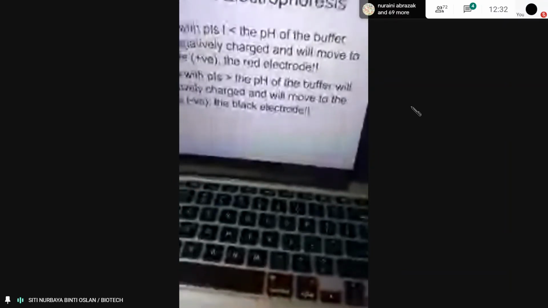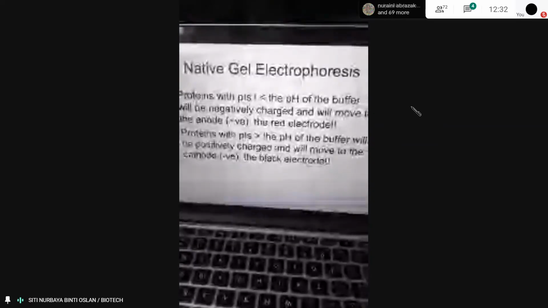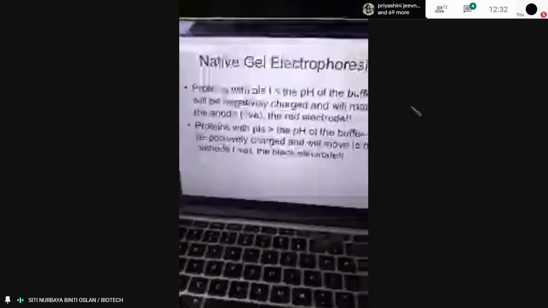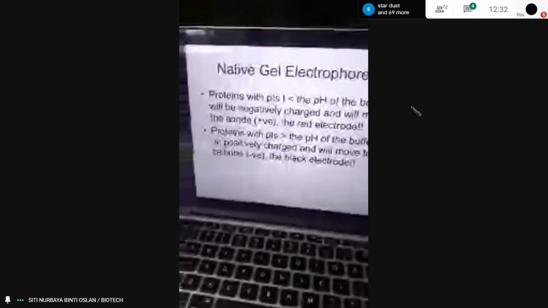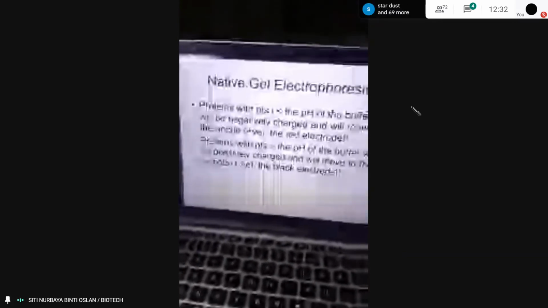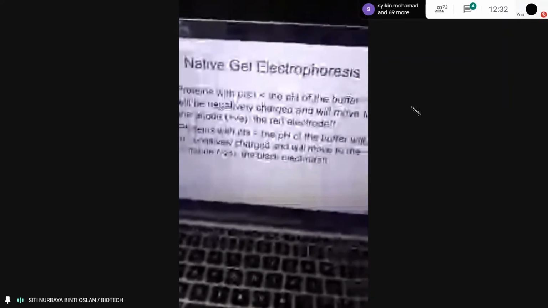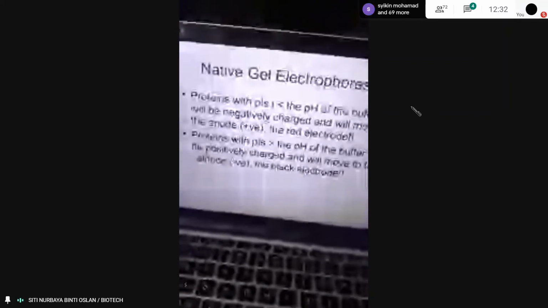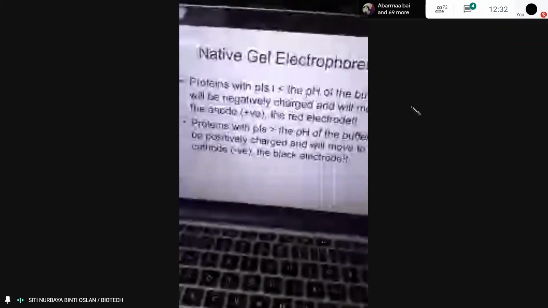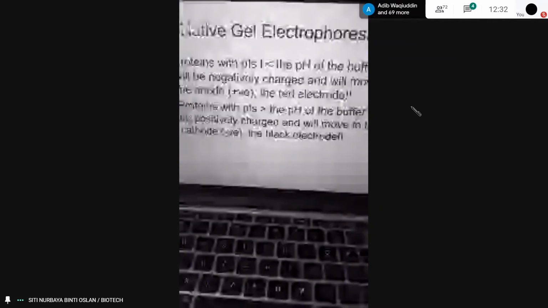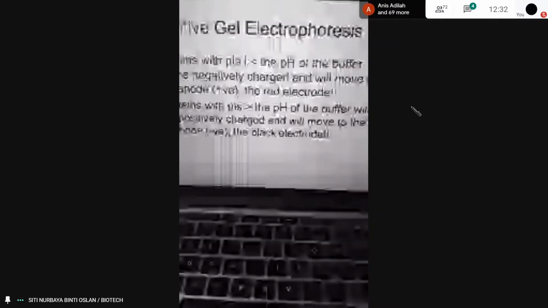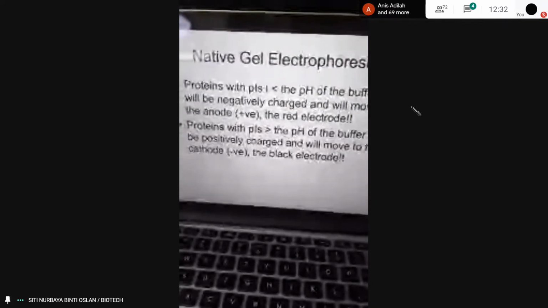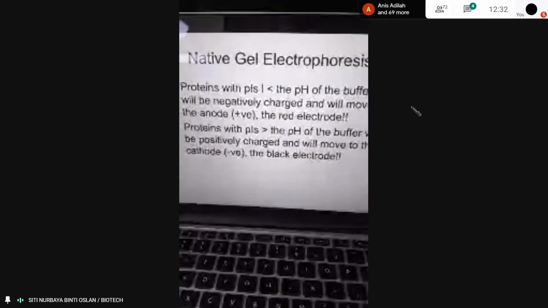Okay. So the second part, we can separate the protein based on native gel electrophoresis. When we say native gel, as compared to SDS, both of them have a similar gel. Native and SDS are similar techniques, but different in composition and principle.